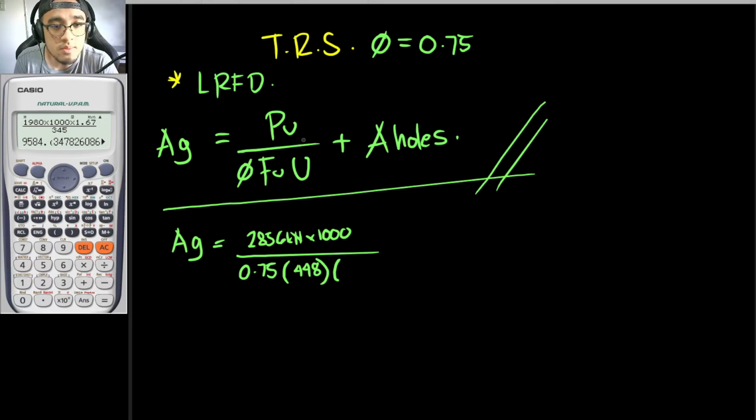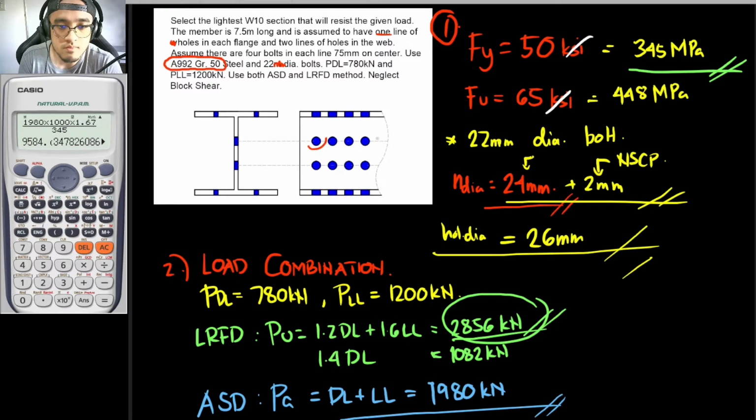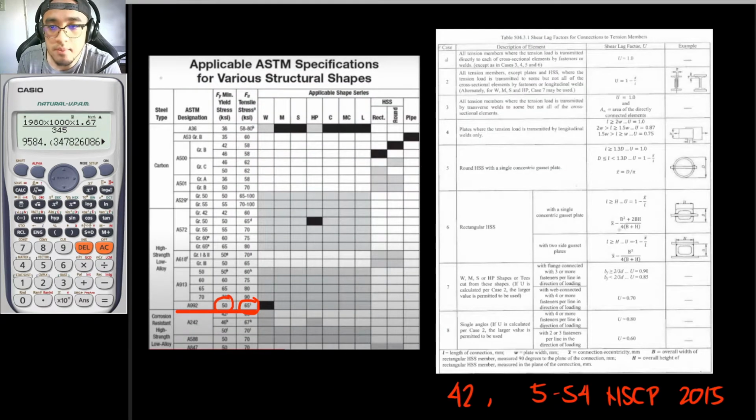So what is to be the shear lag factor U of our problem? So going to this table right here, we would be searching for the shear lag factor U. But if you can read here, guys, number 1 states that all tension members where the tension load is transmitted directly to each cross-section elements by fasteners or welds. So in Tagalog, kapag lahat daw ng connection nakadistribute sa lahat ng members, you would be using this one right here.